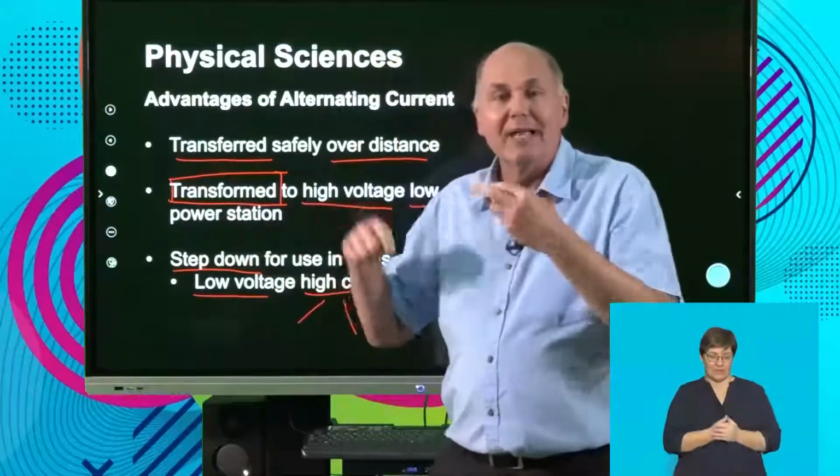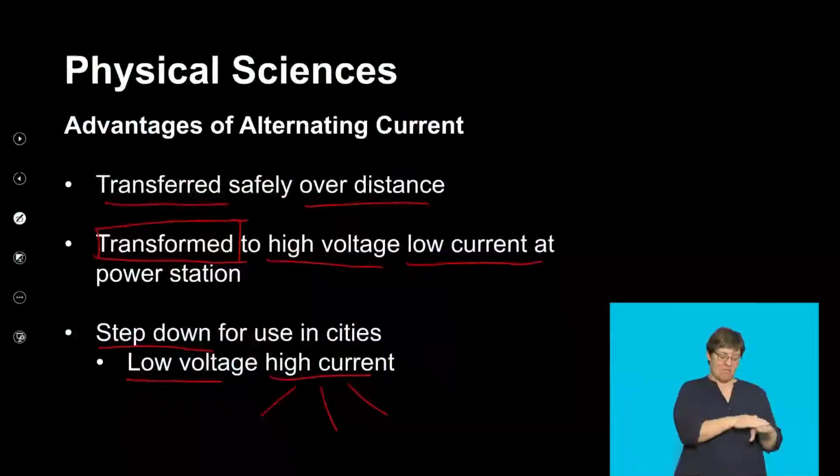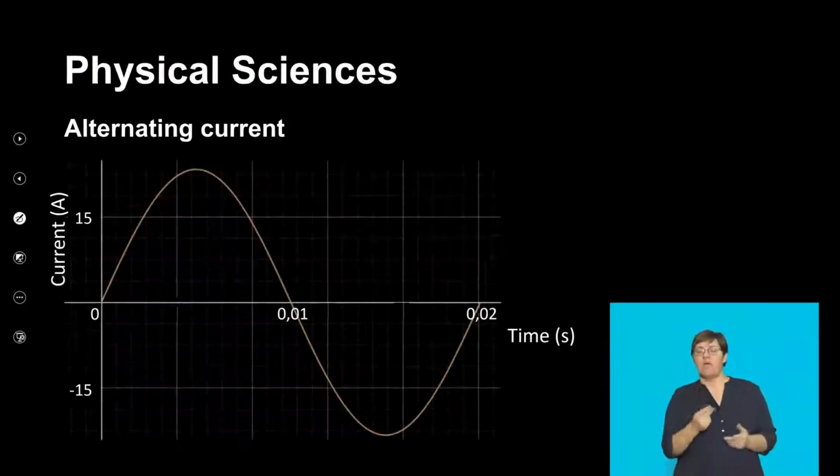The fact that we can distribute very easily, we can distribute safely, and we can distribute without energy loss. Now, as I've been talking about current and voltage, there's obviously a relationship between them. And I'd like to take a look at that relationship by looking again at our graph.